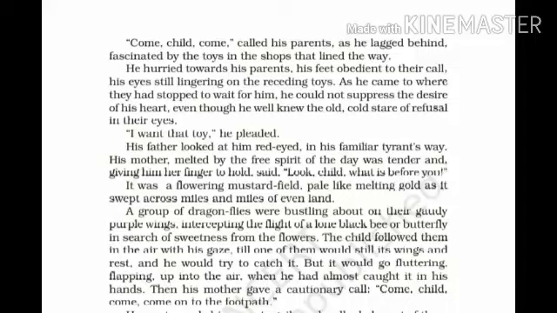A group of dragonflies, big flies, were bustling about on their gaudy purple wings. Bustling means they were moving energetically and noisily about on their gaudy, brightly colored purple wings, intercepting, blocking, creating an obstacle to the flight of a lone black bee or butterfly in search of sweetness from the flowers.